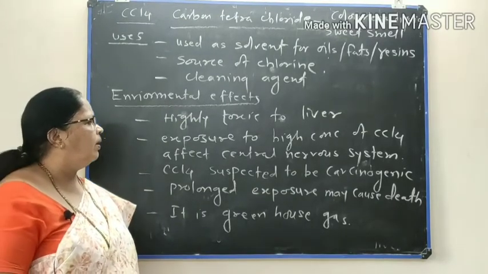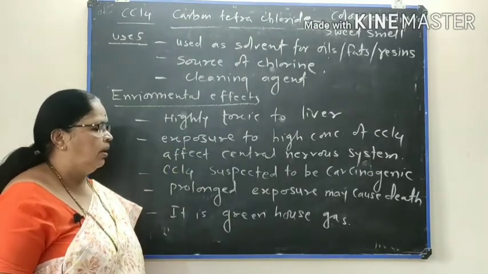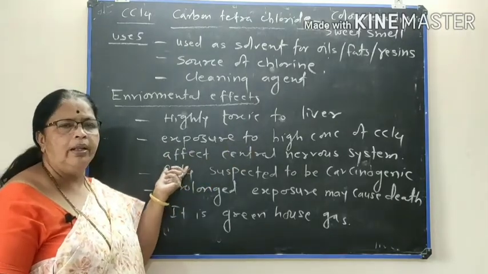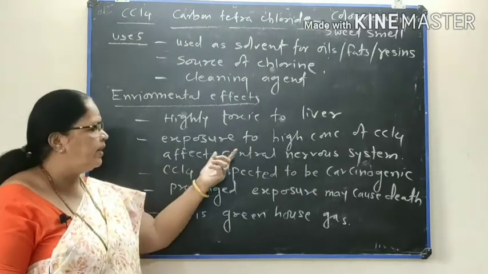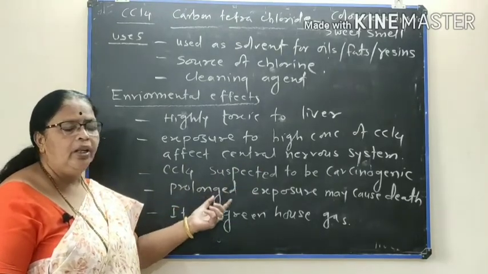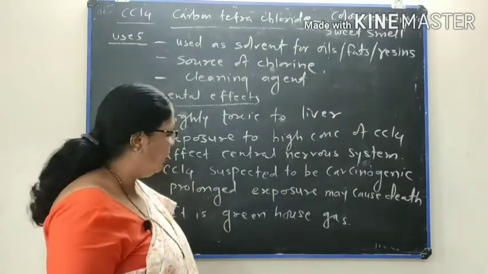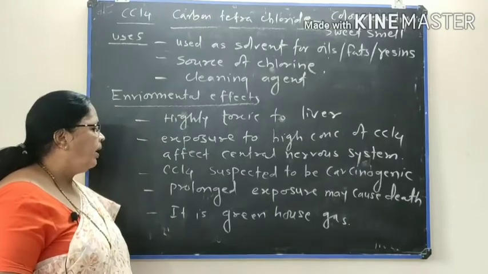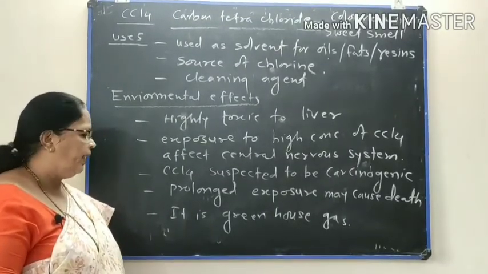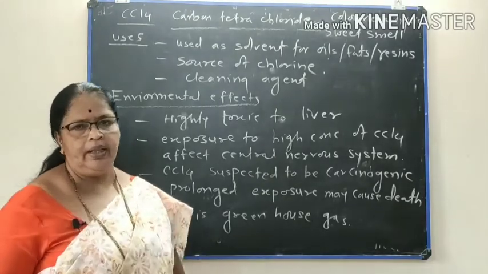A high dose of carbon tetrachloride is mainly toxic to the liver. Exposure to high concentration of carbon tetrachloride affects the central nervous system. It is suspected to be carcinogenic, which causes cancer, and prolonged exposure may cause death, and lastly it is a greenhouse gas.